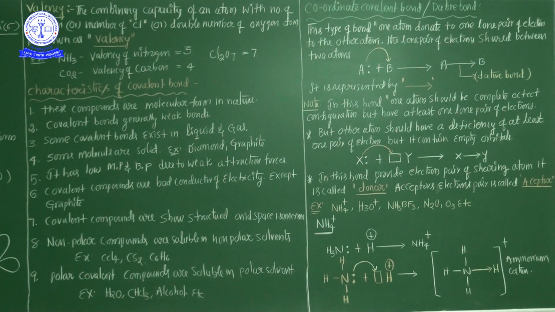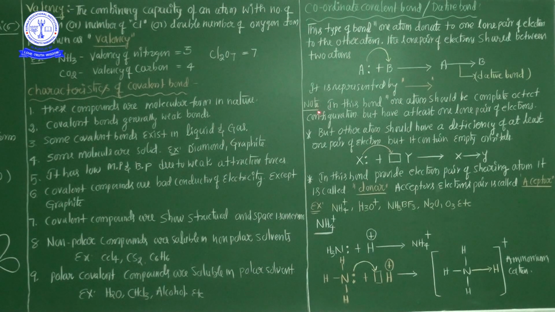But in a covalent bond, two atoms approach each other and mutually share their electrons to form the bond. But in a coordinate covalent bond, which is very important, two atoms approach each other, and one atom completely donates a lone pair of electrons to another atom. The second atom has no electrons to share, but it has an empty orbital.